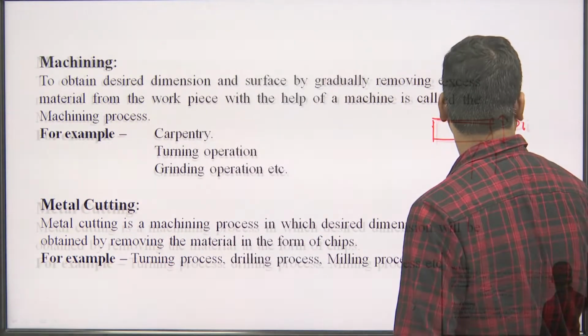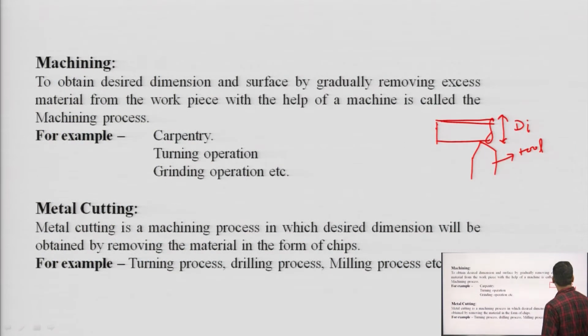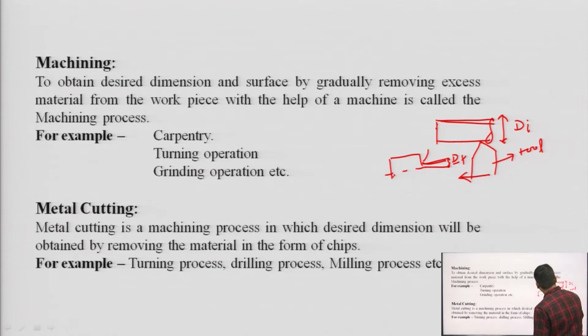This is a tool. This is the direction of the tool movement. The final output of the product will be like this. This is the final product, Df. After machining, the chips will be removed like this, very small, and maybe continuous as well.